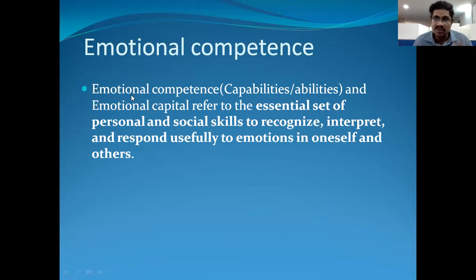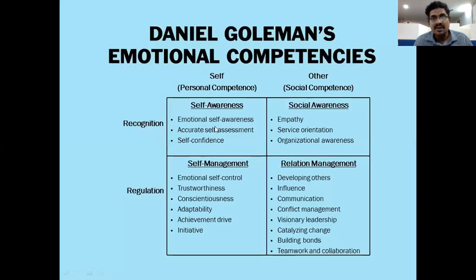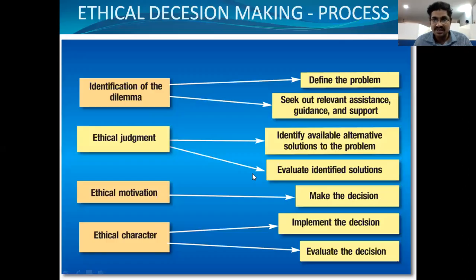Here we need to focus on two things: personal and social skills, recognizing and interpreting, and responding usefully. We also discussed Daniel Goleman's emotional competencies. So today we need to discuss the ethical decision making process.